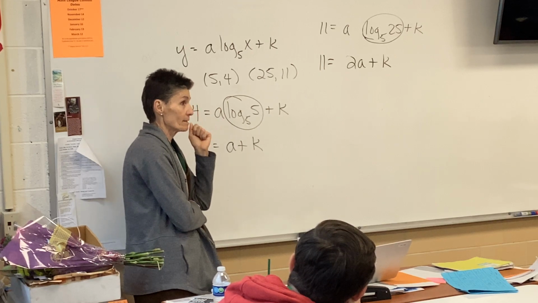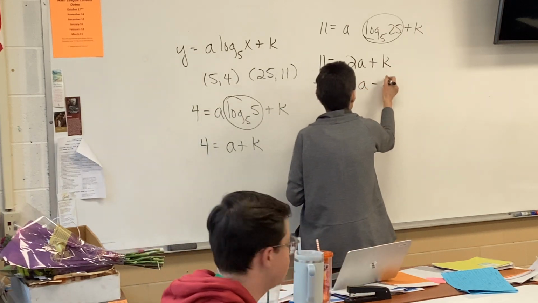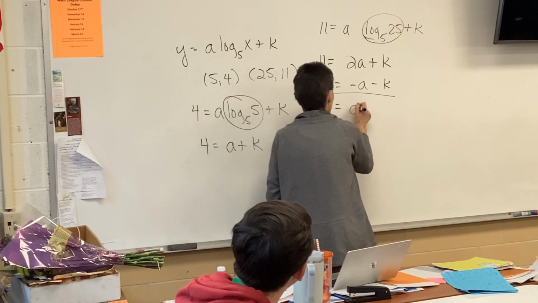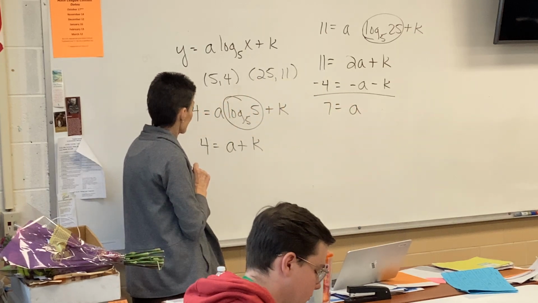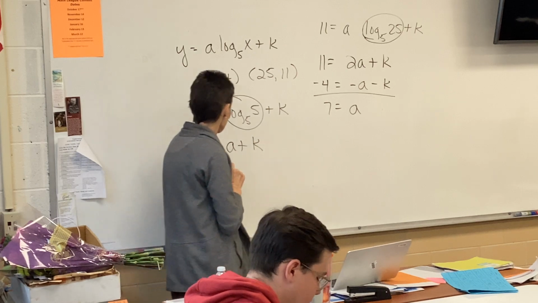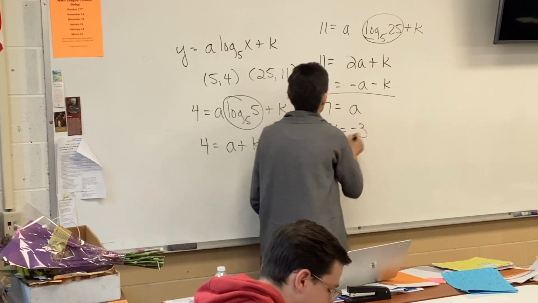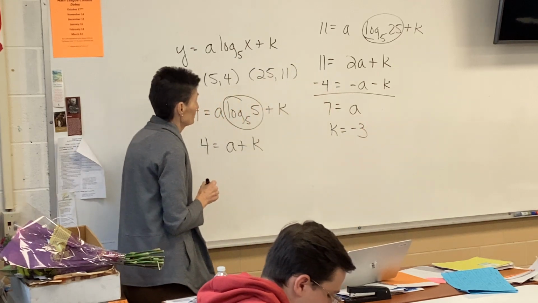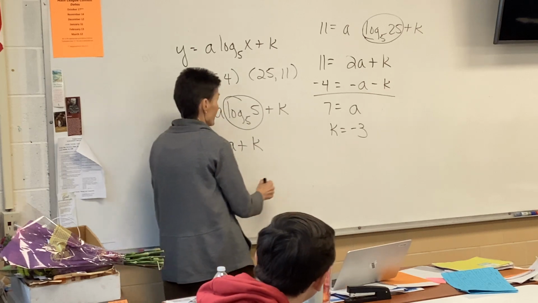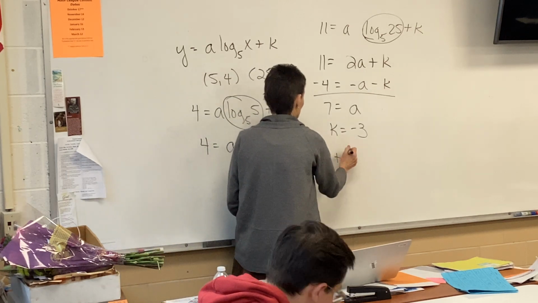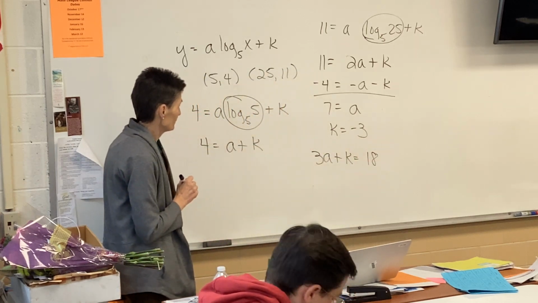Somehow solve the system. So -4 equals -a, and then k. It looks like a is 7. And if a is 7, then k is -3. And I want to figure out 3a plus k. Did you get 18?